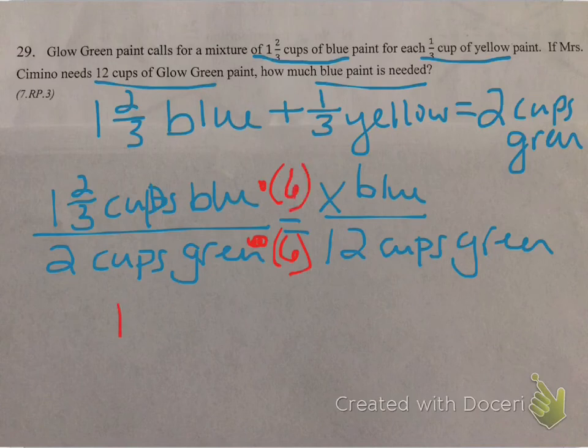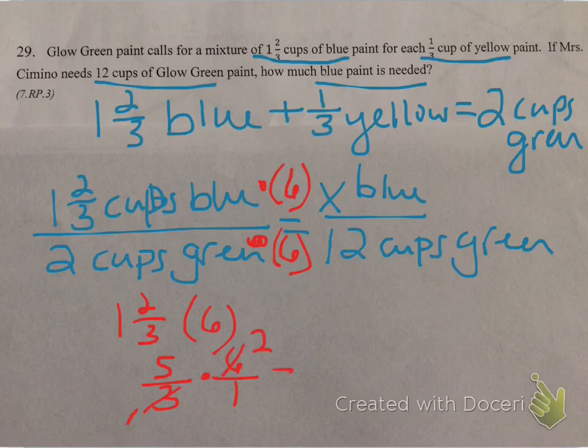And I'm going to do 1 2/3 times 6 to get the answer there. I'm going to make that 5/3 times 6. Cross cancel, 3 divided by 3 is 1, 6 divided by 3 is 2, and 5 times 2 is 10.